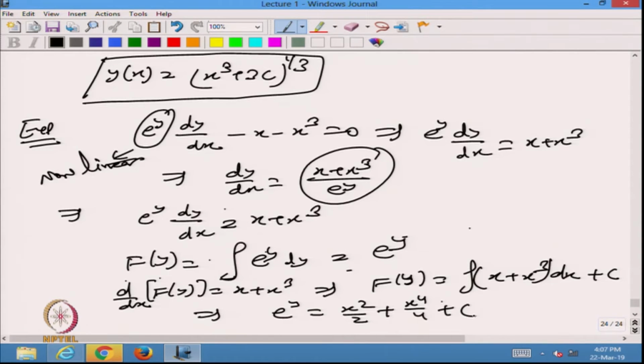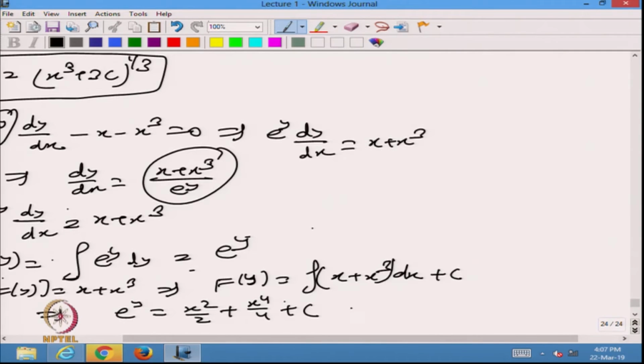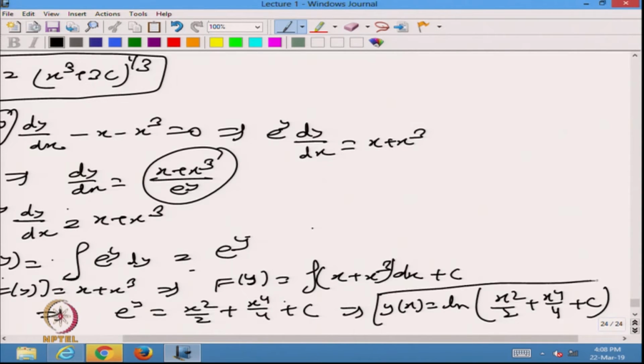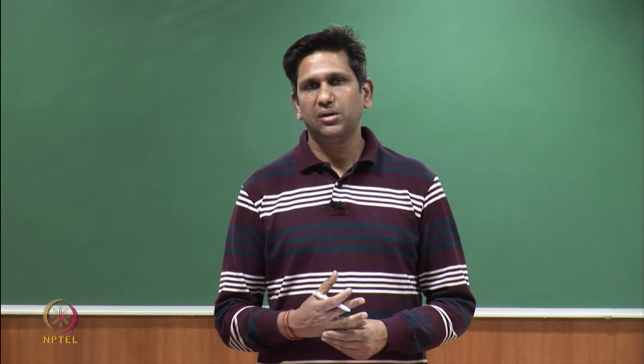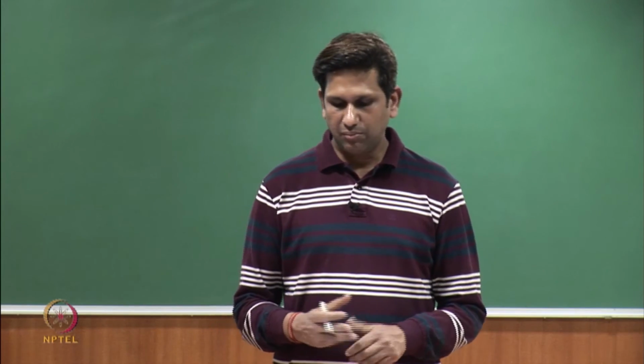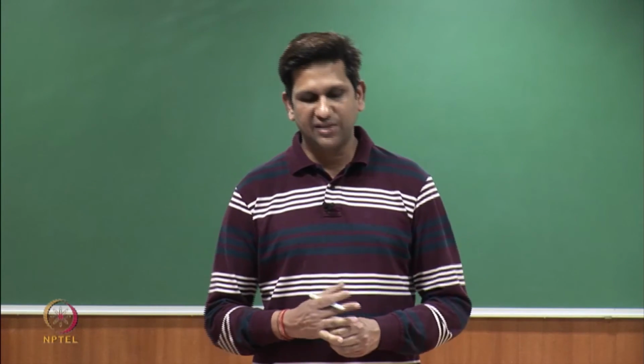So, that is my solution, which can further be written as, I am taking the natural log on both sides, and from there I can write y of x is equal to ln of (x square by 2 plus x power 4 by 4 plus c). So, this is my general solution for the given separable form. So, using this one we are able to solve a nonlinear differential equation, but only if the right hand side function is separable.